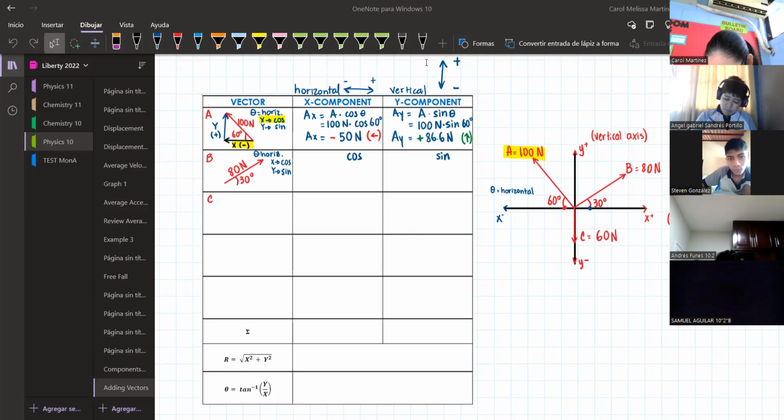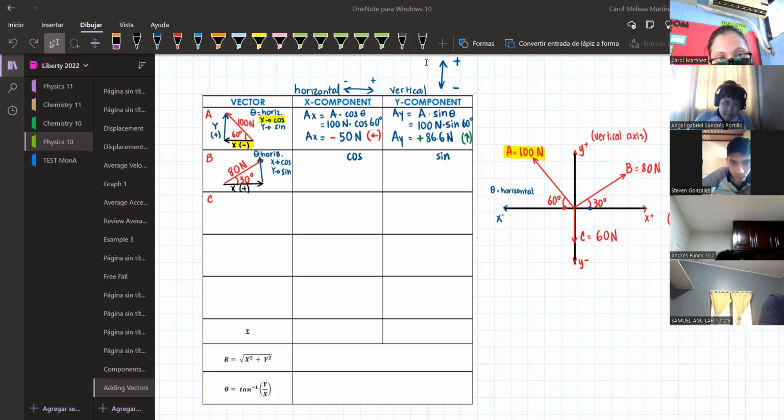Because it's going to the right, it's going to be positive in X. Vertically, does it go up or down?